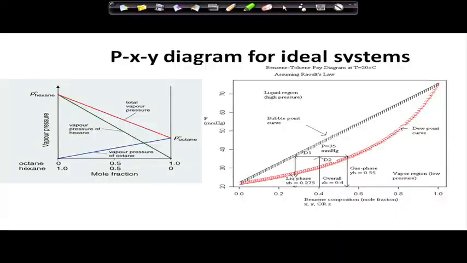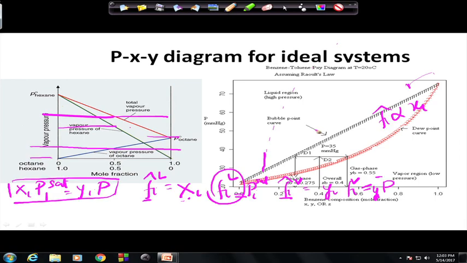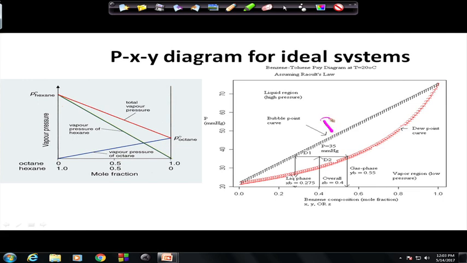While the P versus x1 plot is linear, the P versus y1 plot is not linear, it is something of this sort. So, in this graph, we have plotted the P versus x1 plot, and this is the P versus y1 plot, right.